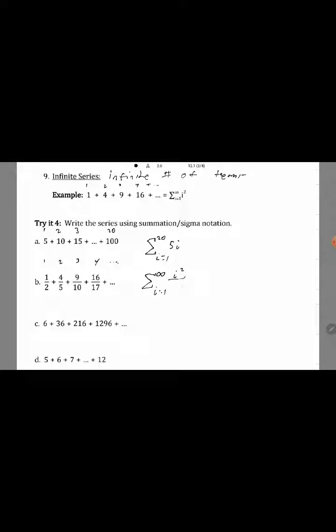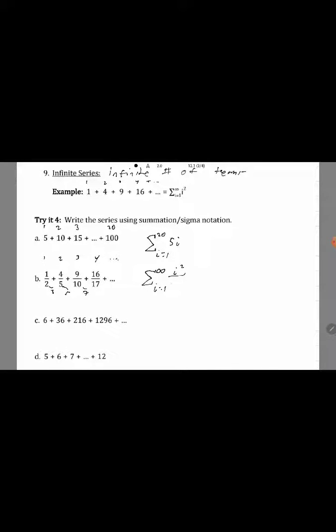And then the denominator, if we look at it, 2 to 5 is plus 3, 5 to 10 is plus 5, 10 to 17 is plus 7. So how do we represent that? That'll be i squared plus 1.